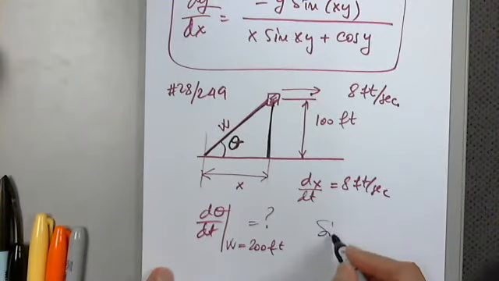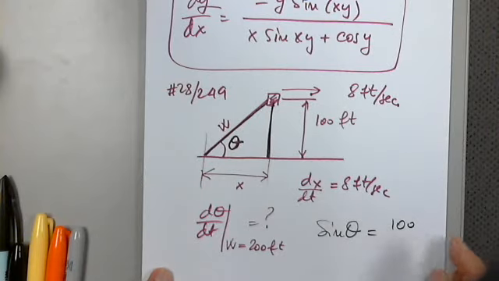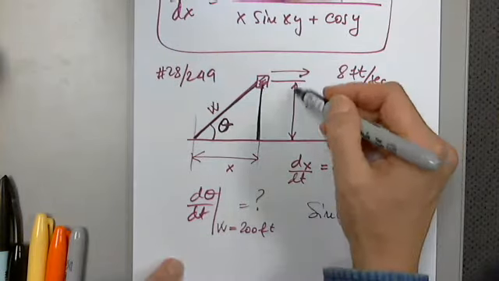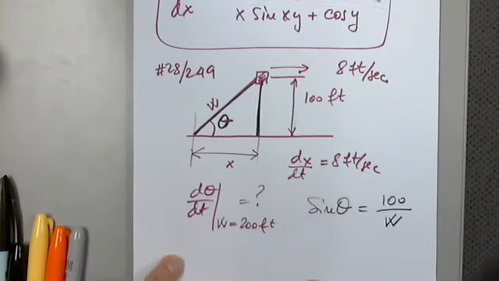So I'm going to say that sine theta equals 100, which is fixed. This does not come after when. This is given to us. That's the height of the kite forever, no matter what I do. So that's why this is fixed. So it's 100 divided by W.